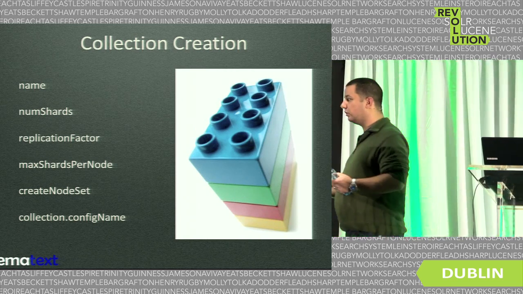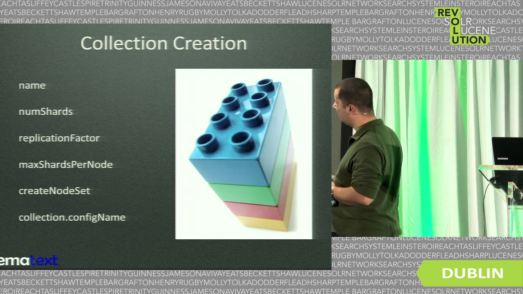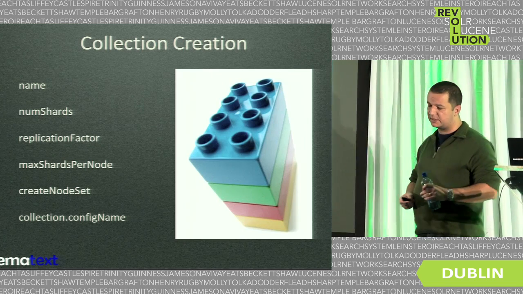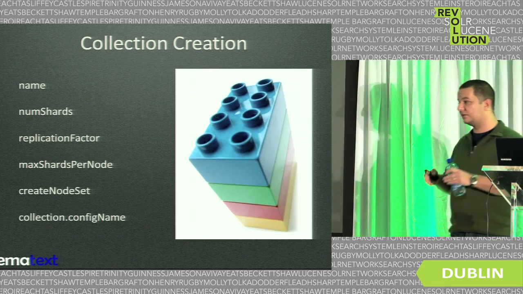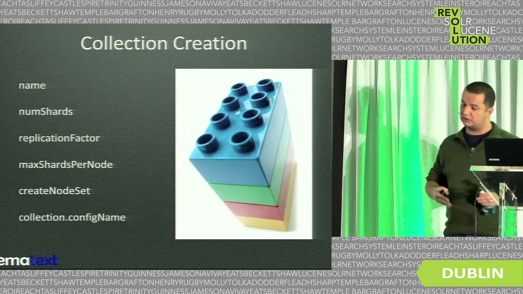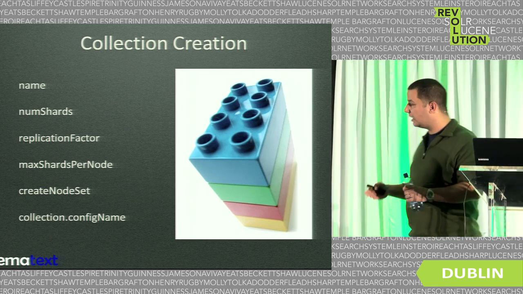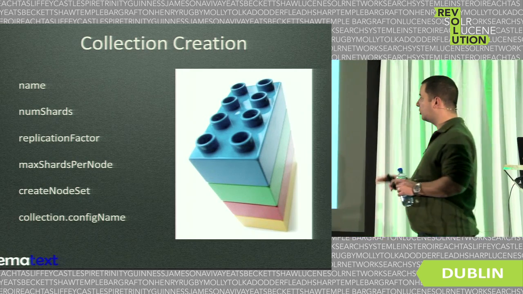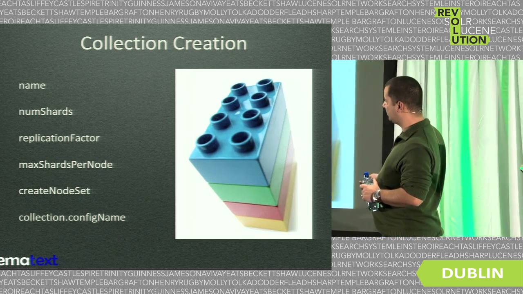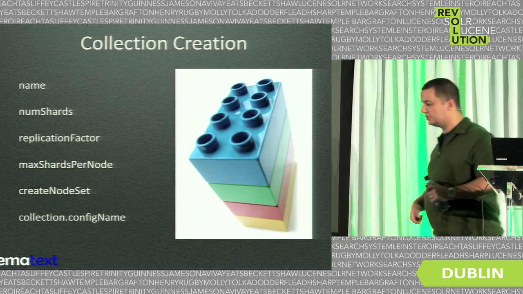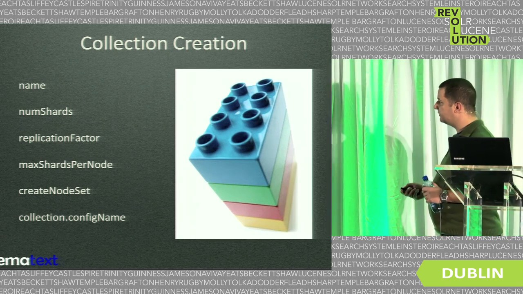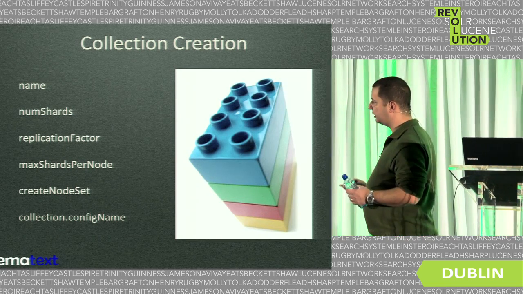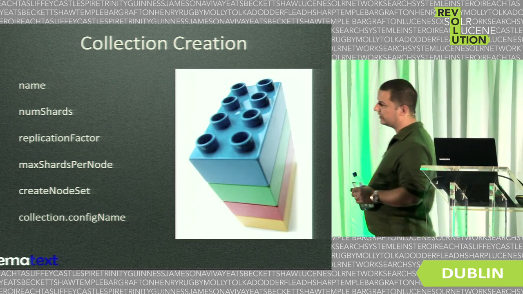After Solr 4.0, so starting from 4.1, the replication factor parameter specifies the number of actual physical copies. So if you have num shards equal to 2 and replication factor equal to 1, you get only 2 copies without any replicas. There is also a max shards per node parameter, which defaults to 1 and specifies the number of shards per collection that are allowed to be allocated to a single node.